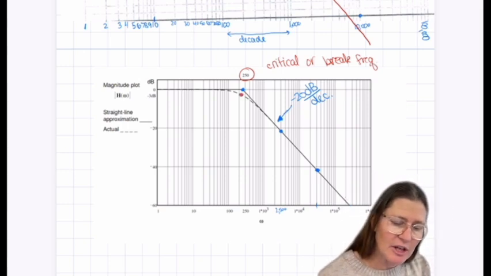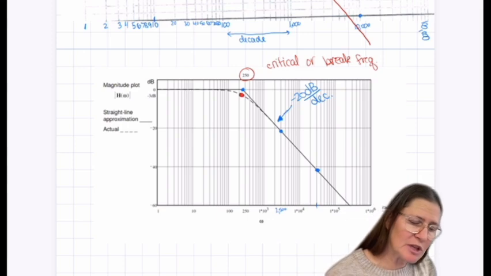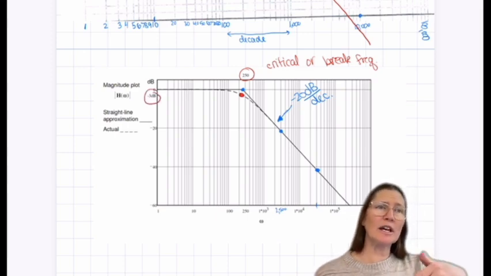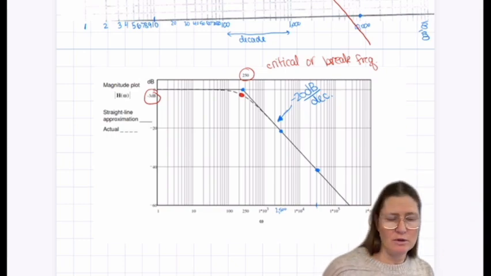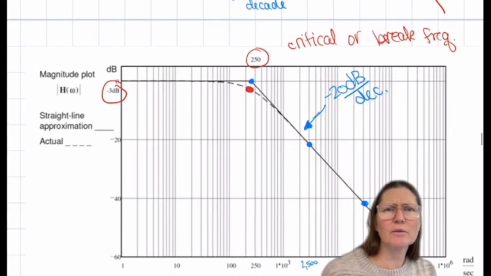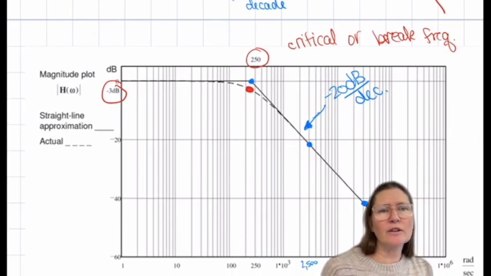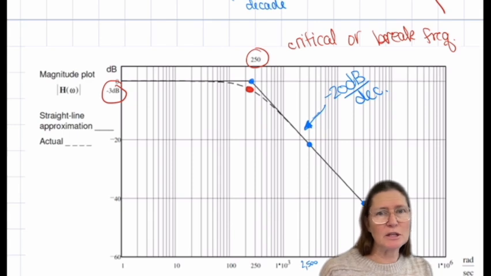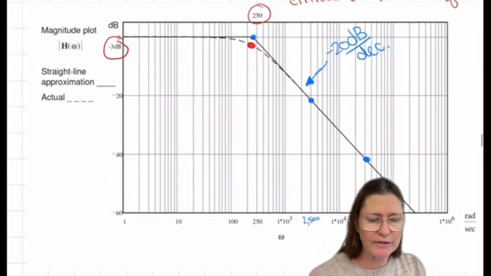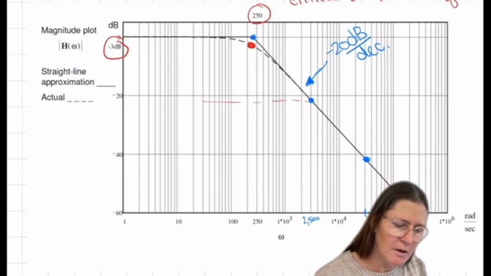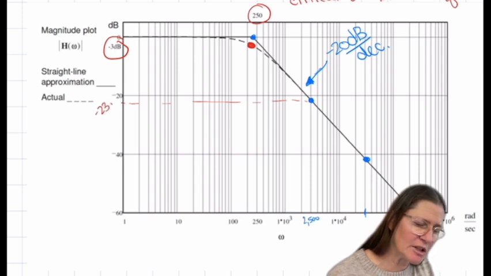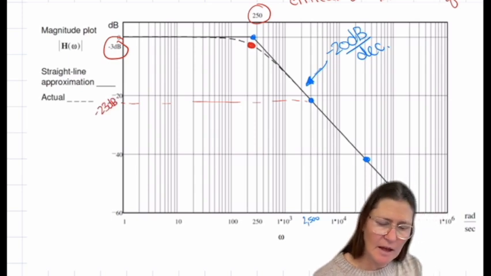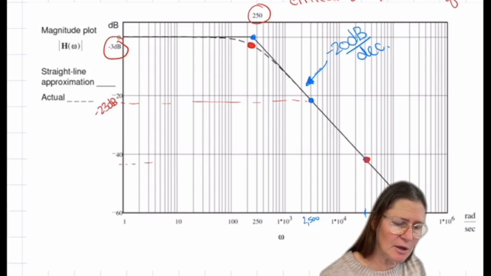We actually know that the actual value is 3 dB less if it's going down, and it will be 3 dB above if it's going up. So instead of at 0, it's actually minus 3 dB. And then we know that this goes down by 20 from that point. So this would be minus 23 dB. And then at this point, you're going to be at what value here?